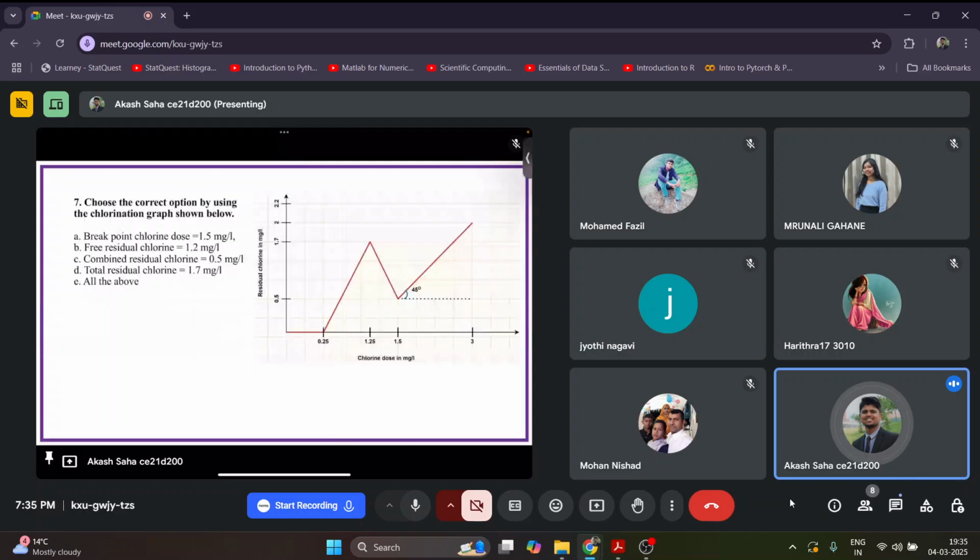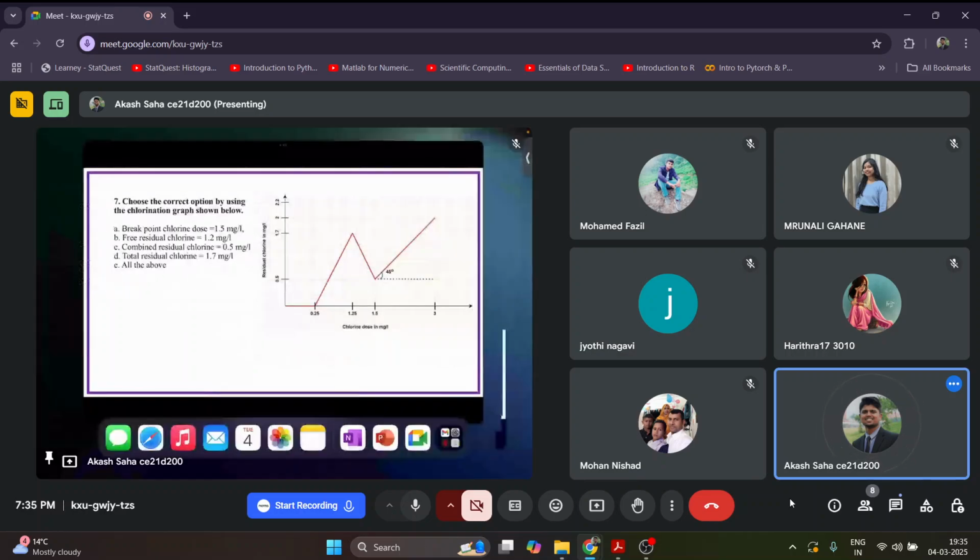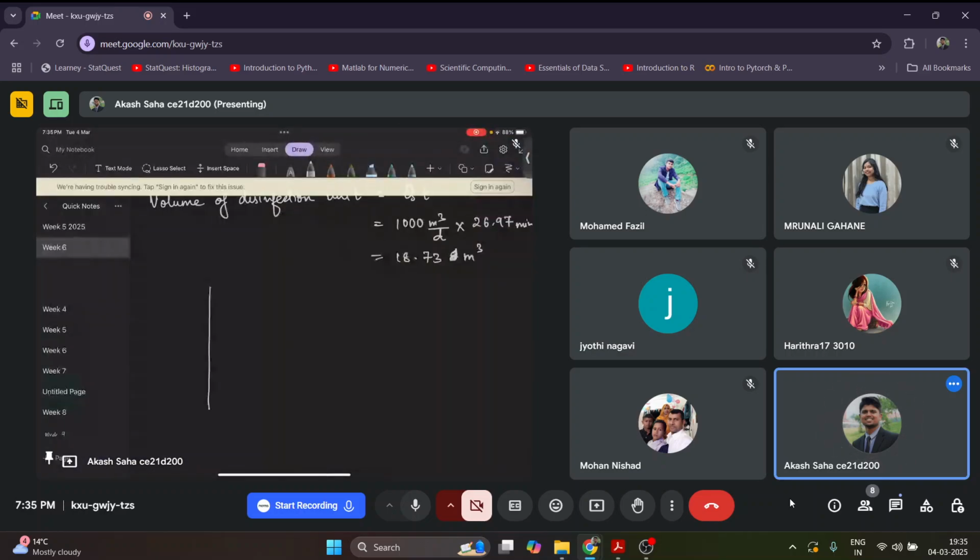Just see here, I will draw it once again. This is the chlorine dose, and this is the residual chlorine. The graph goes somewhat like this, then it comes down, and then again it goes up to here.